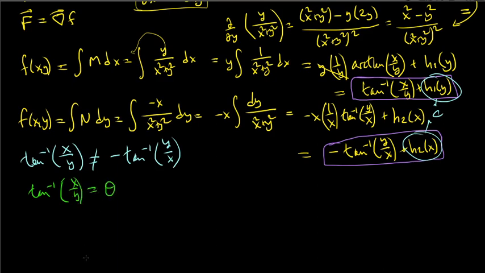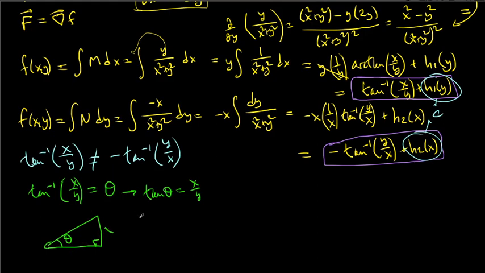This is some angle. It's an angle of a right triangle, whose tangent, if we take the tangent of that angle, we should get x over y, which means x, oh, this is backwards. X is the opposite side, y is the adjacent side. Oops. So just be aware that this is backwards here.